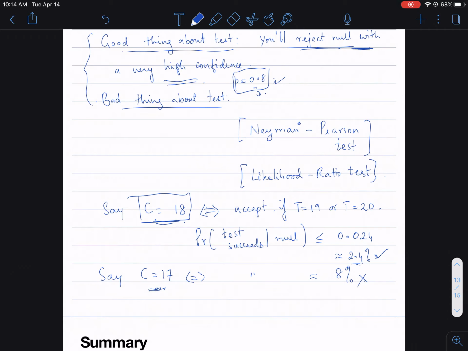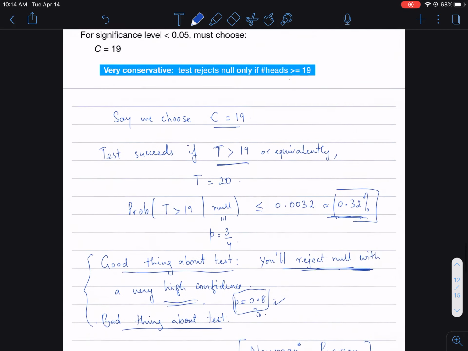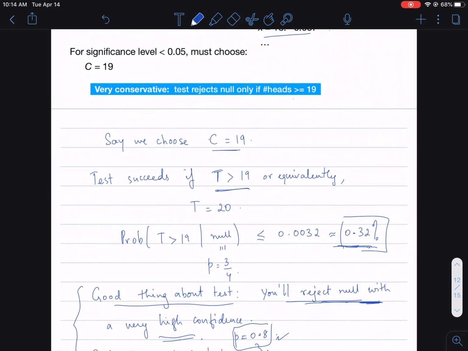So if you compute the value for p equals 0.8, this is a good exercise for you. See what happens. You will see that the value is significantly higher, and that's what motivates tests like the likelihood ratio. So that's the idea here.